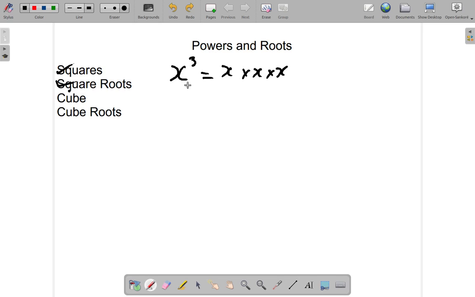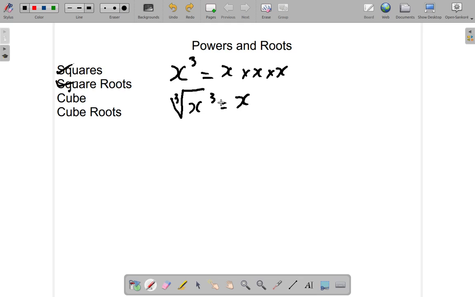Now, what this means is that the cube root of x cube is x. So you find the cube root, and the way you write the cube root, it looks like the square root, but you make sure to have the 3 here. The cube root of this x cube would be x, because the cube root of a number is another number.